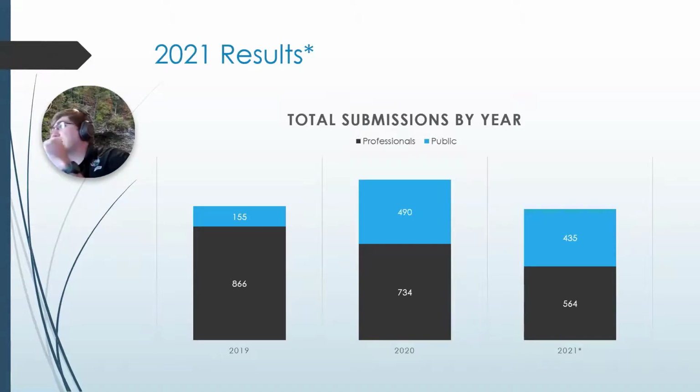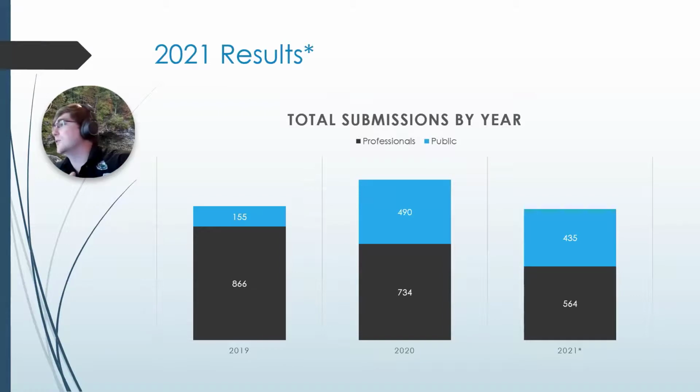We kind of plateaued a little bit, and so we want to try and focus on that. The biggest problem, if you look in the black, is that the professional submissions in general have been steadily going down. We want to look into that and see what's happening. Do we still have the same amount of biologists, like 90 distinct biologists submitting data, and they're just not sending as many records in, or is it that we're just not getting as many participants?